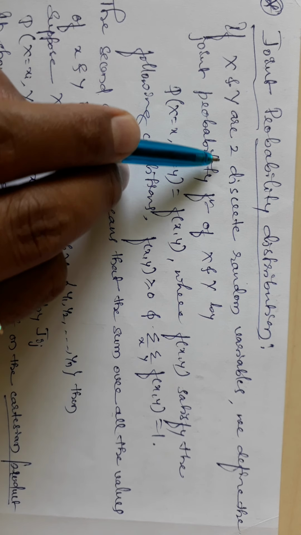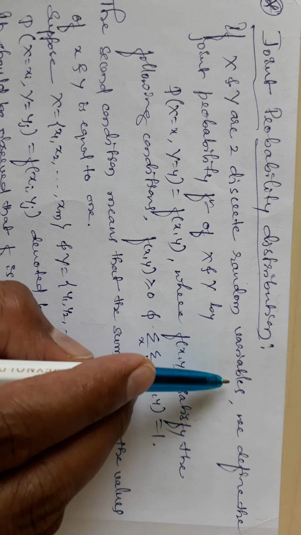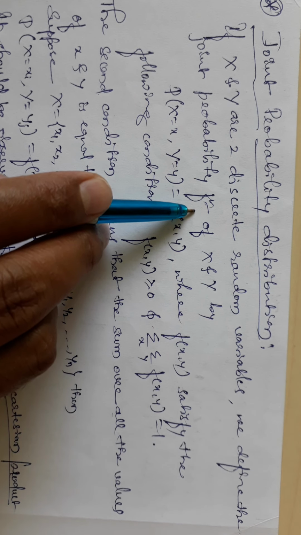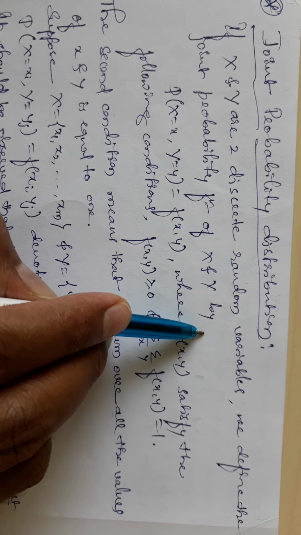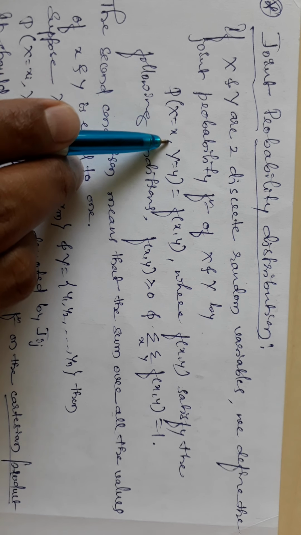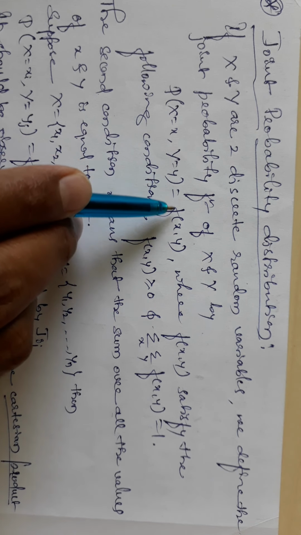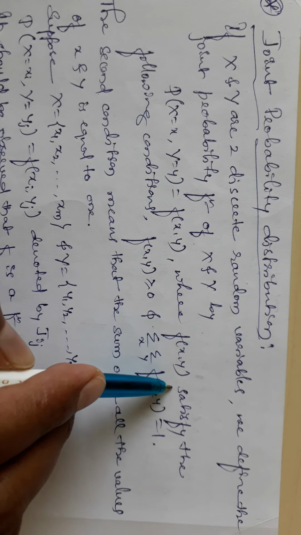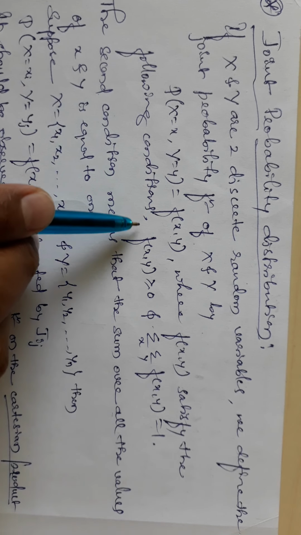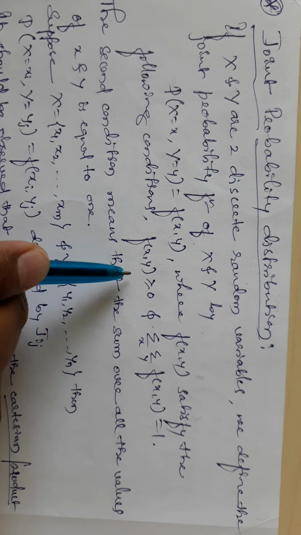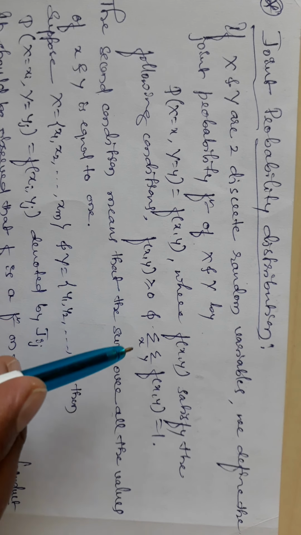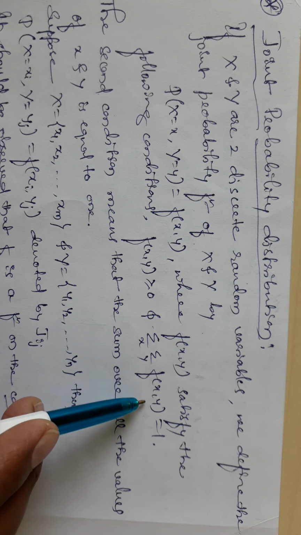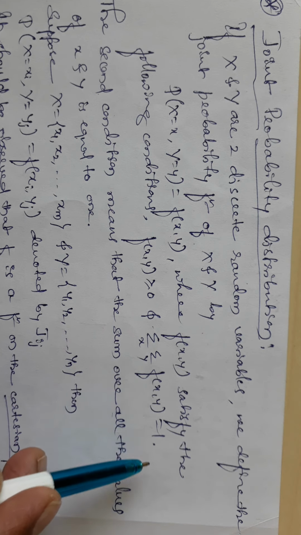If X and Y are two discrete random variables, then we define the joint probability function of X and Y by P(X = x, Y = y) = f(x, y), where f(x, y) satisfies the following conditions: f(x, y) is greater than or equal to 0, and the summation over x and the summation over y of f(x, y) equals 1.